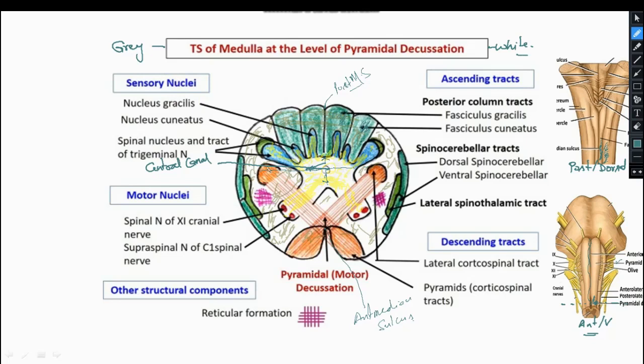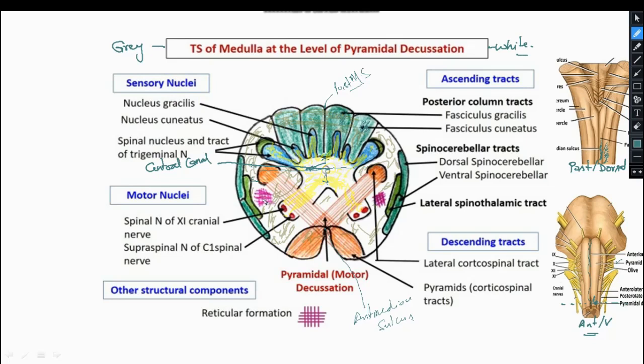Similarly, those present this side, laterally, we will describe as lateral structures. Suppose, taking an example, this is the reticular formation here. When you are writing in your examination or in a viva, when you have to answer, you have to describe according to its position. So you have to say this reticular formation is present at the pyramidal decussation, anterolateral, because you can see the central canal's location is here.